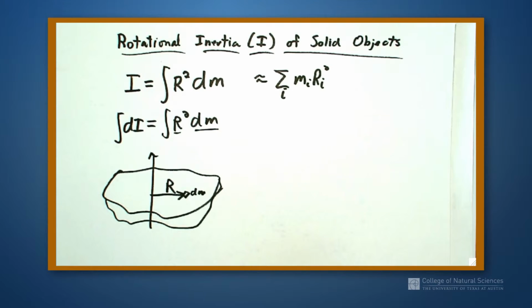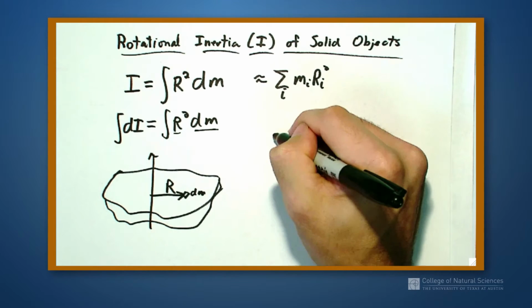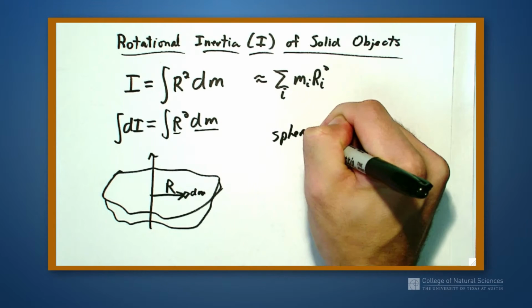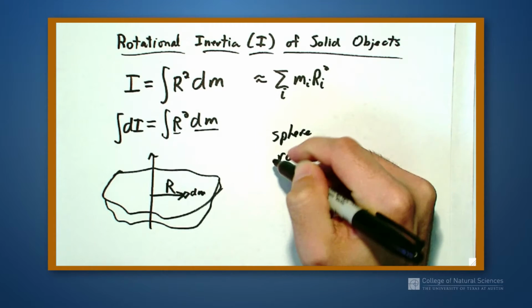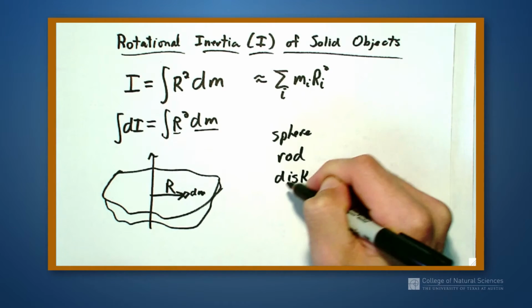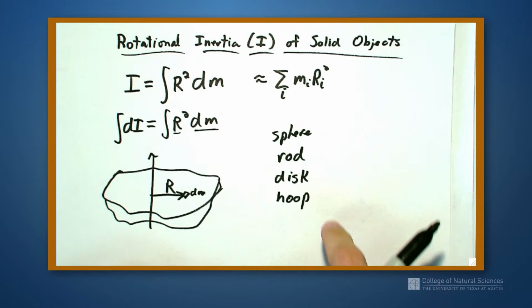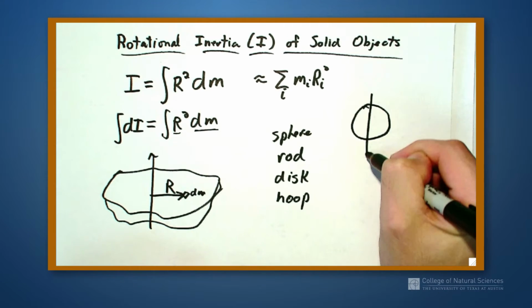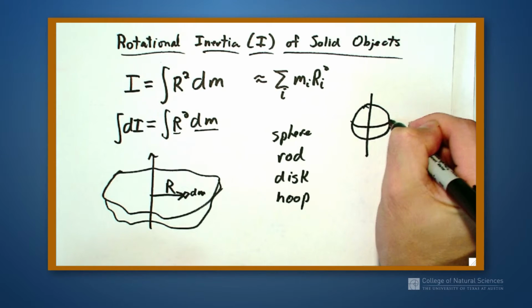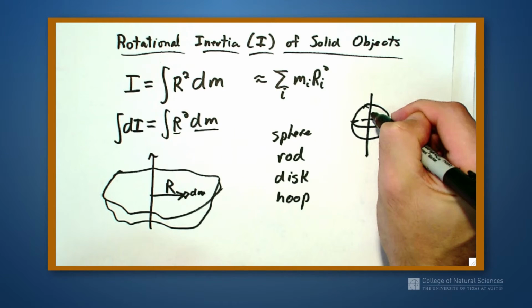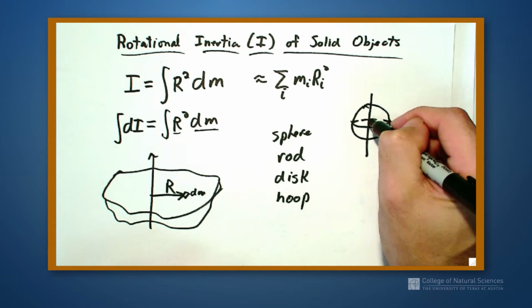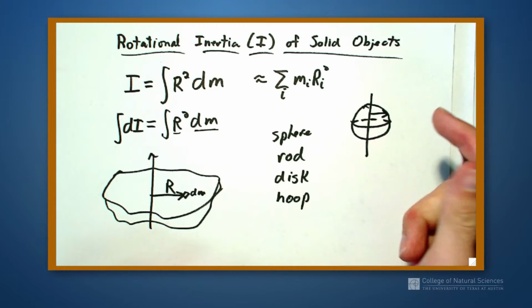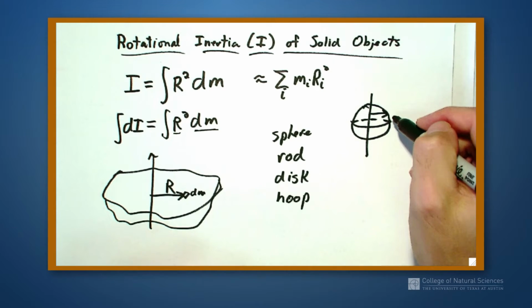But we can use our idea of calculus with some of our standard shapes, like a sphere, or a rod, or a disc, or a hoop. All of these are nice symmetric shapes. From an axis of rotation, we know where these points are, and we can actually describe this using math.